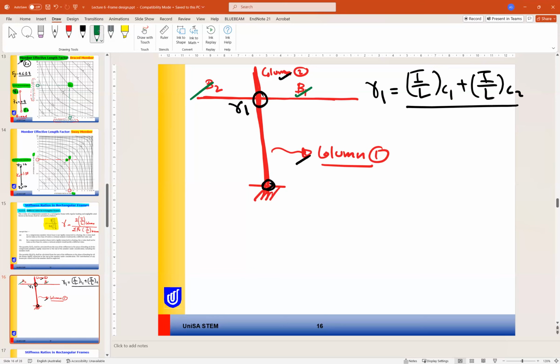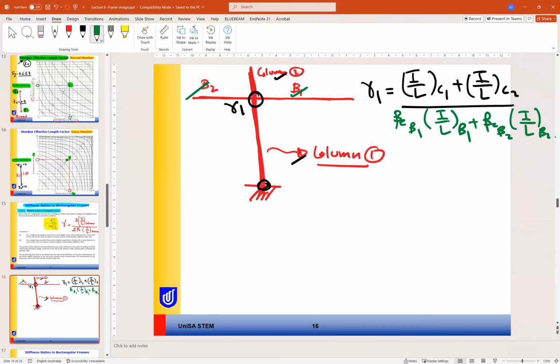Two beams. So divided by beta effective for B1 times I over L for B1 plus beta effective for B2 times I over L for B2. Okay, so we look at how many columns and how many beams are connected at the end so that we can find the value of gamma 1 or gamma 2.